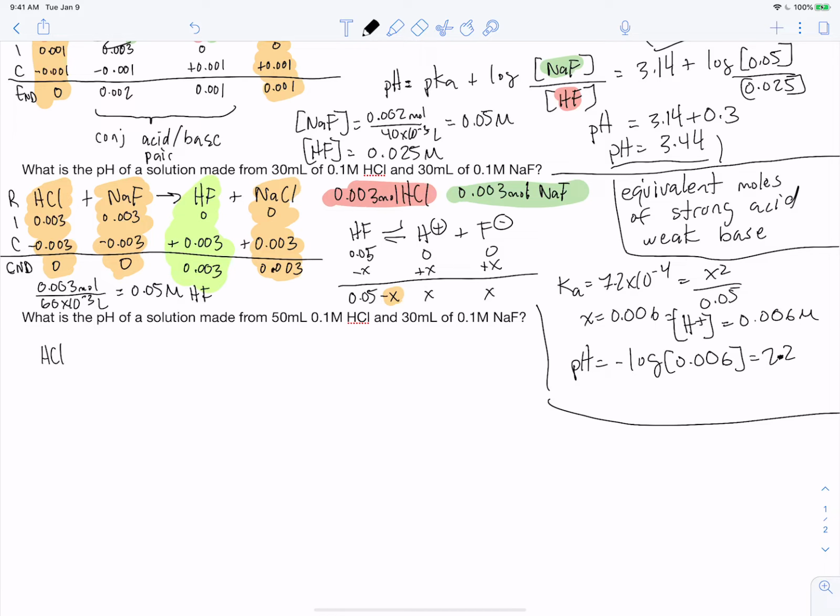If the number of moles of HCl we have is 0.002, that means we can approximate our concentration of acid at equilibrium to be 0.002 divided by the total volume, which is 80 times 10 to the minus 3 liters.